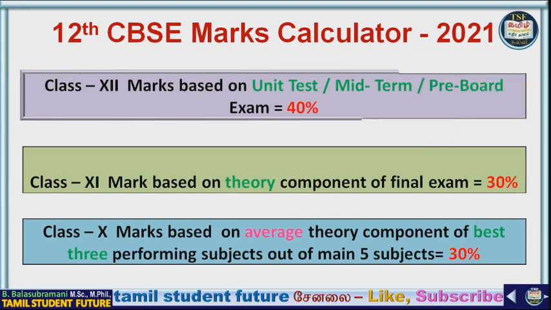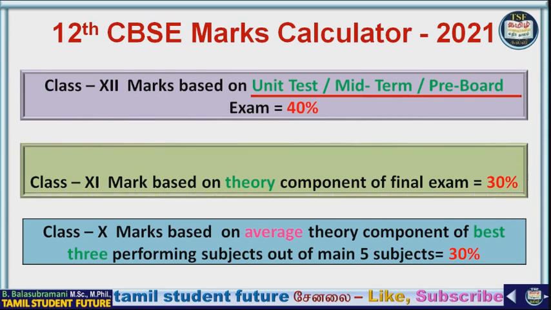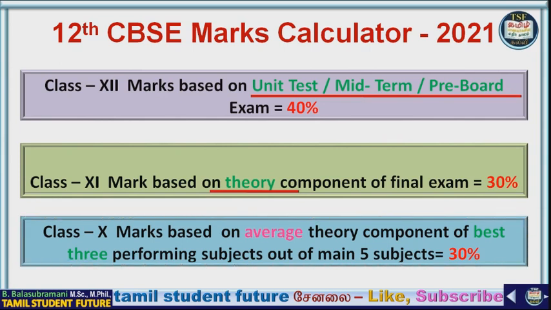Class 12 marks are based on unit test, midterm test, and pre-board exam, in 40 marks. Class 11 marks are based on the theory component of the final exam, in 30 marks. Class 10 marks are based on the average theory component of the best 3 performing subjects out of 5 subjects, in 30%.